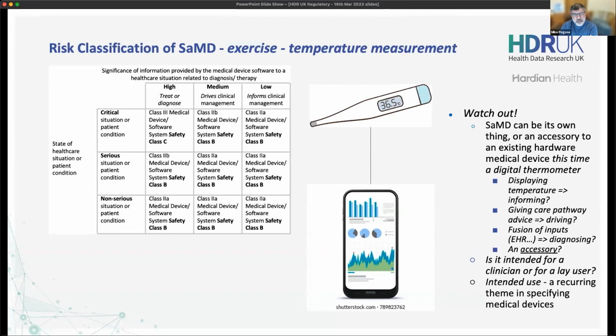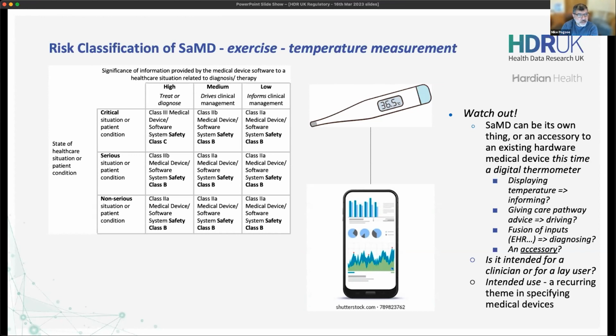Third one is where you get a fusion of inputs. So temperature on its own isn't going to tell you something about the diagnosis, but if that software is taking your temperature and it's got some other inputs like manually entered patient data, patient reported data of their own, some other sensors, something automatically scraped from the health record of that patient, are you now in a position where you think the software can provide a diagnosis?